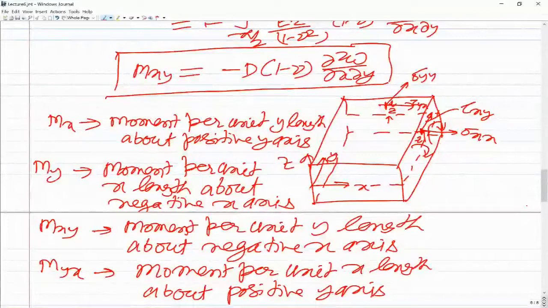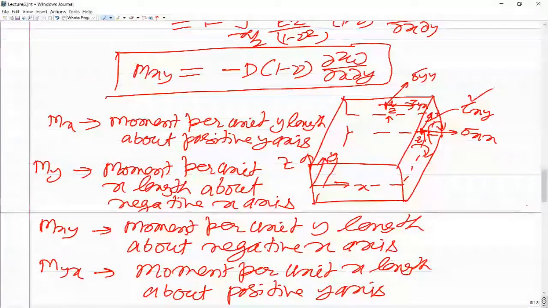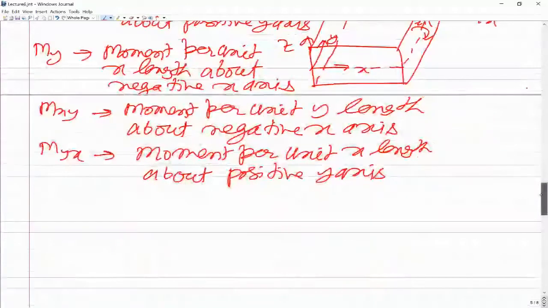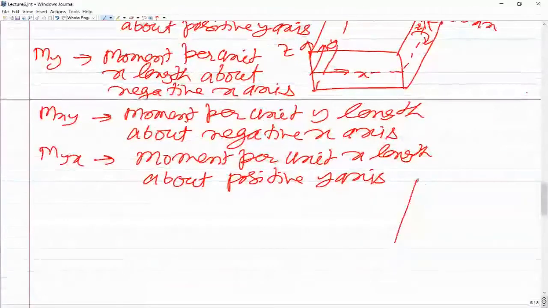So if you look at mxy, this is the tau xy as you see in this figure, and when you take the moment of this force, tau xy into dz is the force, acting in this direction here. Let me draw it separately.